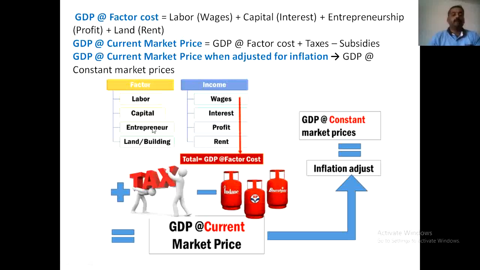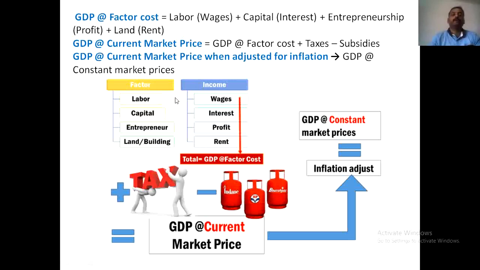Similarly, the entrepreneur, I already told you about. An entrepreneur may be a small entrepreneur, an SSI industrialist, or a medium-sized entrepreneur, or maybe a big corporate. Once he or she invests some amount of money and starts his or her business, then his or her income will be in terms of profit. Okay.